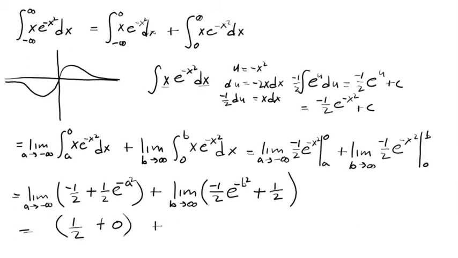Plus, now I can make the same argument over here. As b goes to infinity, b squared goes to infinity, e to the negative b squared is going to go to 0. And then 1/2 is just a constant. So I get negative 1/2 plus 1/2, which means I get 0.